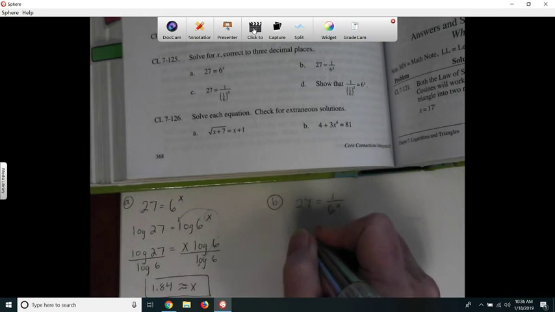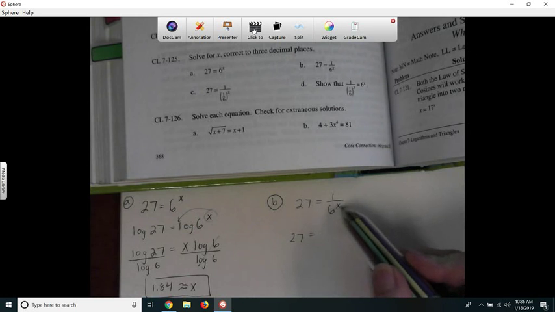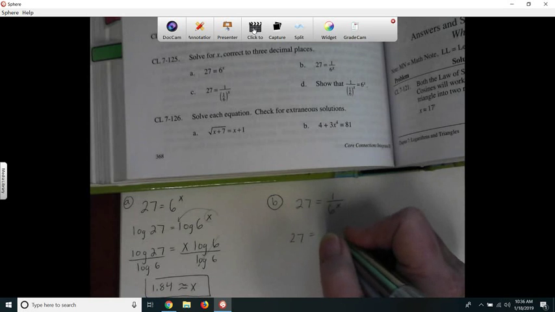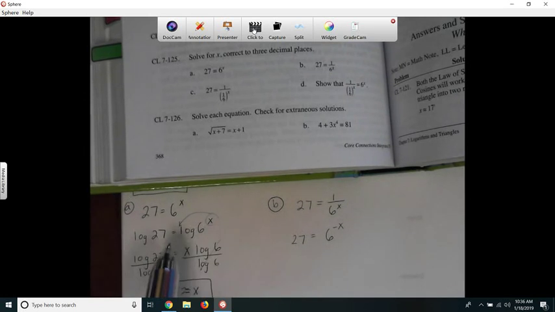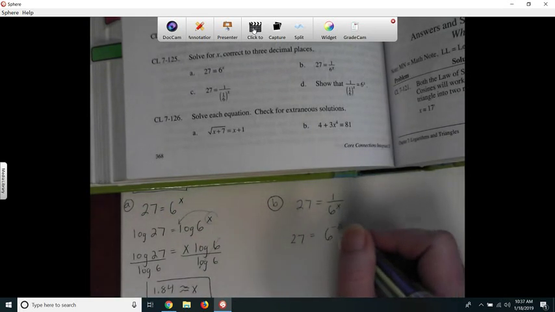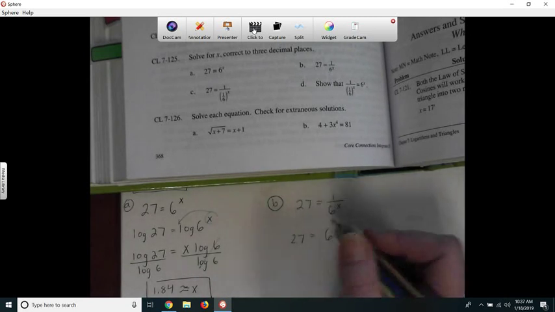So I know that the 6 to the x is in the denominator, but if I rewrite it as 6 to the negative x, then it's not exactly like the problem we just did, but it is very similar. And then if I do the same procedure that I did over here, by logging both sides and using the rules of exponents, then I think it's going to become clear why they're giving us this problem.